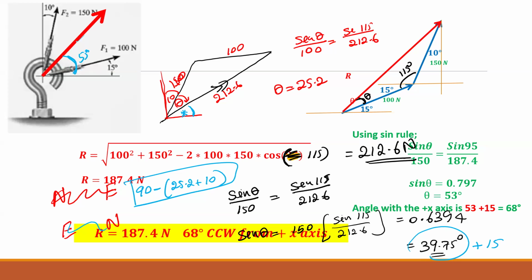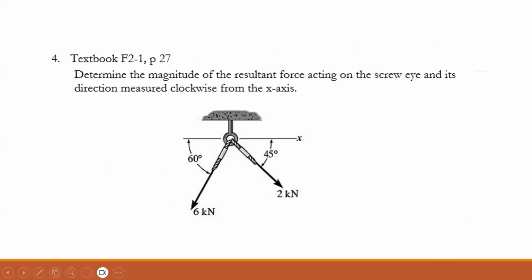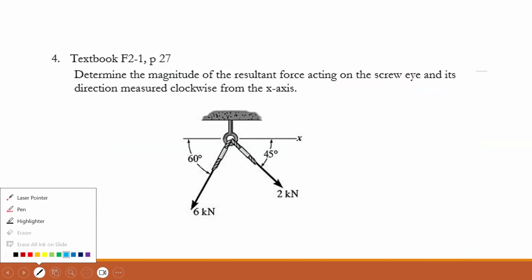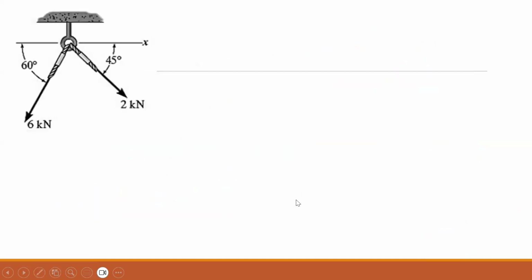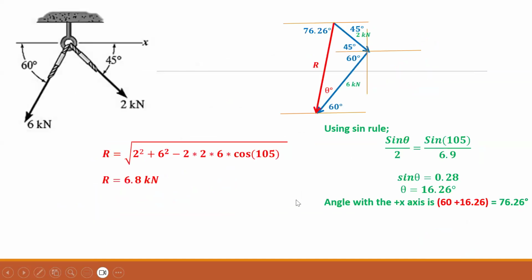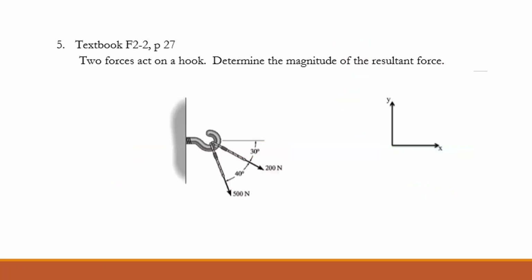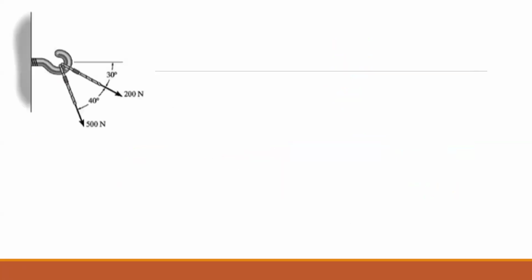So it is going somewhere here so that you can see how this resultant is going. It is going in between the two forces. Okay, these all are the same. So we are not going to do everything again, but if we have time, we'll come back. So I'll put this one, you can do it later on. So we'll do different questions.